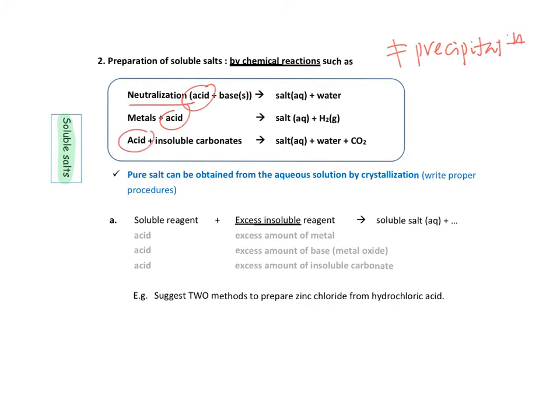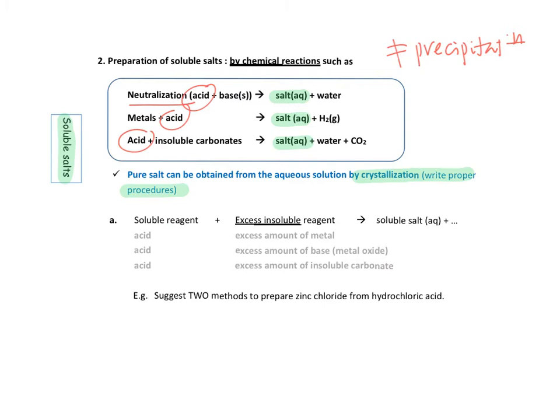In all these reactions, we have the salt solution formed, and then we want to obtain the salt crystals from the solution, so we need to use crystallization. And what will be the proper procedure for carrying out crystallization?